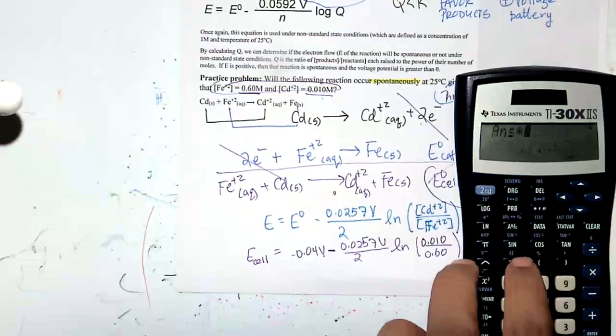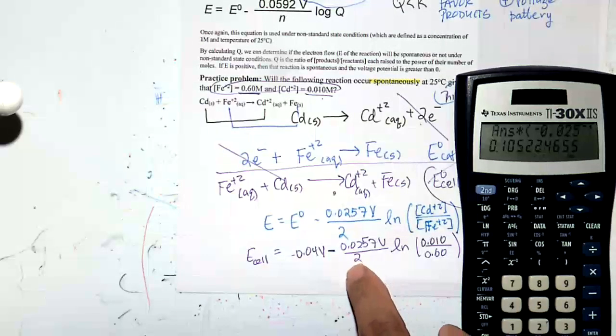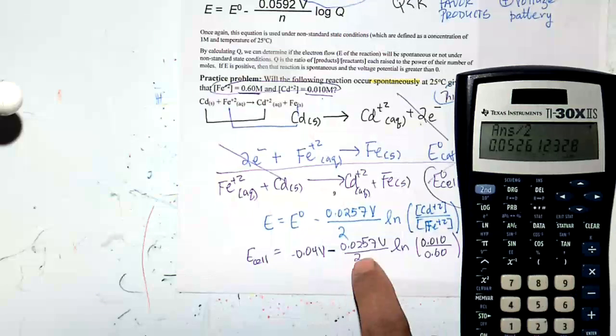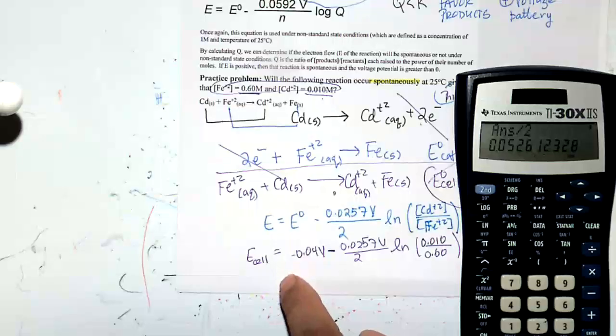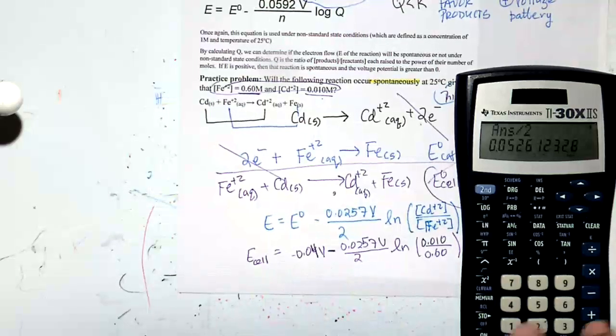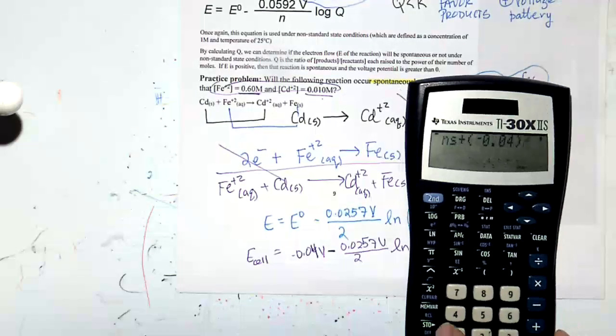Times a negative 0.0257, divided by what number? Divided by 2. Plus, everyone look here, plus a negative 0.04. Plus a positive? No, plus a negative 0.04.